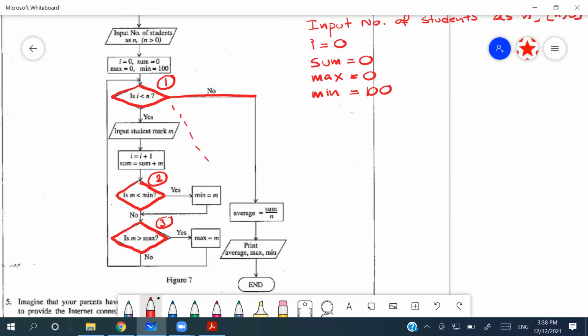So that means in this iteration, we can find two more conditions: is m less than min, and is m larger than max? And there you can see they are dividing into parts and again combining at a common point, connecting to the common road again.